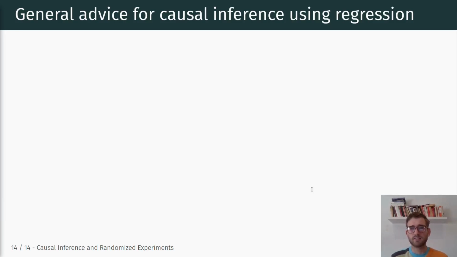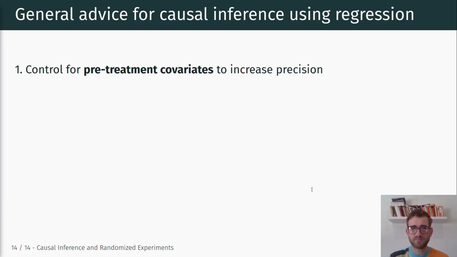Okay, so just to conclude, a couple of general pieces of advice for causal inference using regression, or when analyzing experimental data with linear modeling. The first big advantage over the simple difference in means estimator is that if you're using linear modeling to analyze your experimental data, you can control for pre-treatment covariates, which will achieve two crucial things.